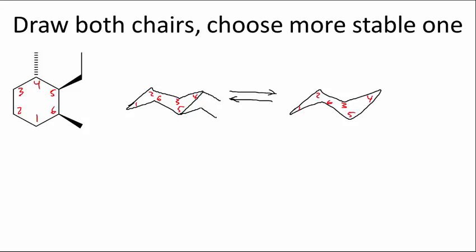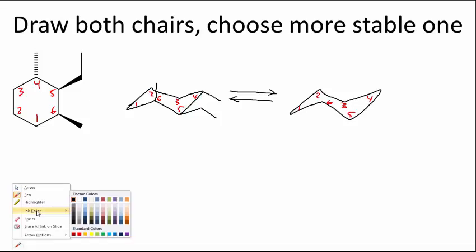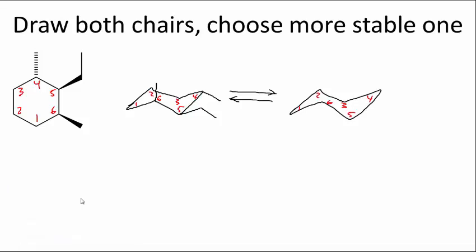And then carbon 6 has a methyl group that's up, so that's going to be axial. And I could choose to put in the little break if I want to be fancy. And then if I switch my, I forgot to rotate.